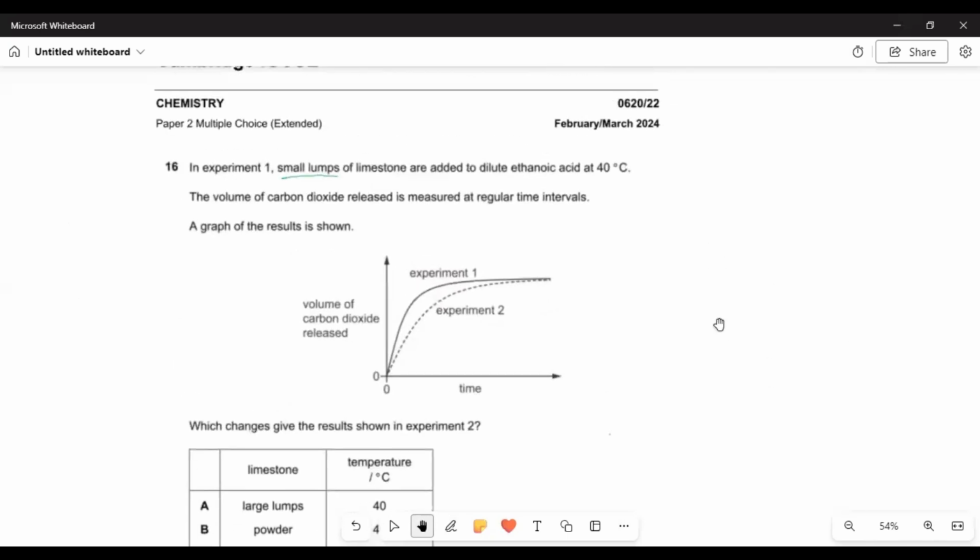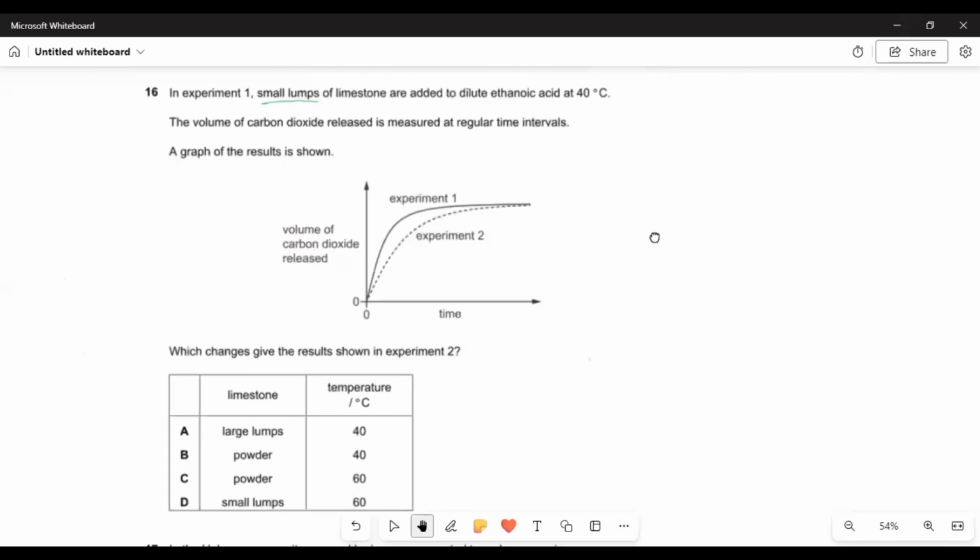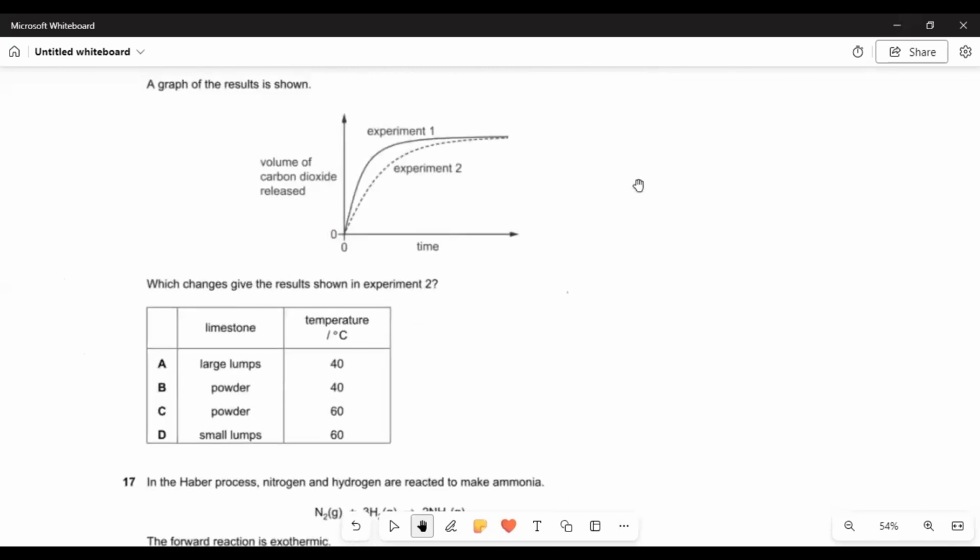See what is the temperature here. It was 40 degrees Celsius. So it would remain 40 degrees. Otherwise, if temperature would be greater, then a rise in temperature increases the reaction rate.